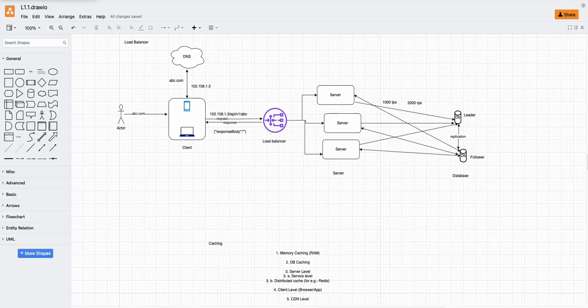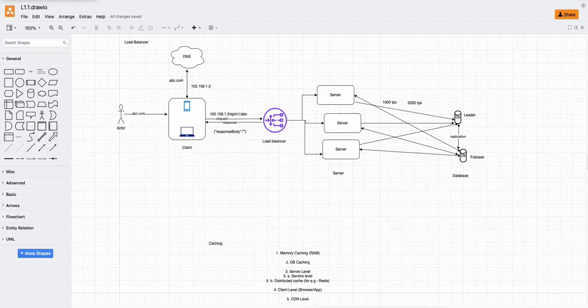So caching, when you get introduced to the concept of caching, it can be implemented at multiple places. To start with, it can be implemented at the CPU level also.